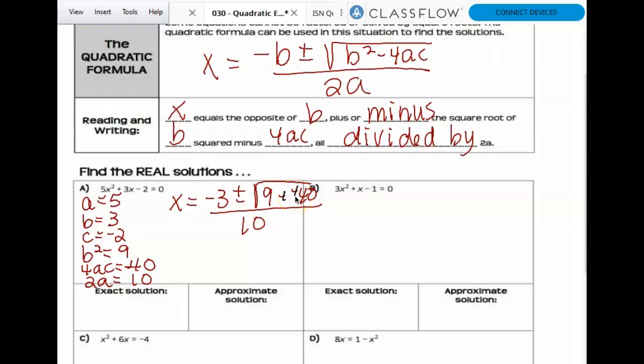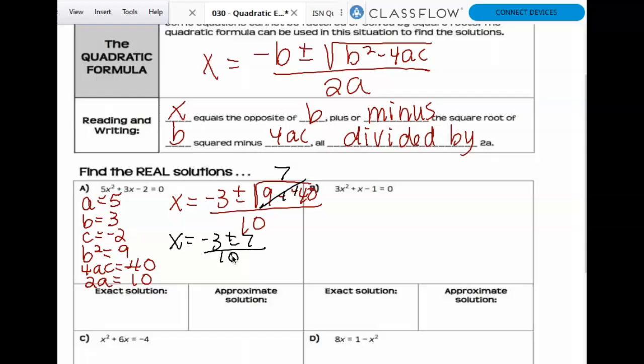And so minus and minus is going to give us a positive. And so under the square root now I have 49. What is the square root of 49? 7. So my answer is -3 plus or minus 7 over 10.